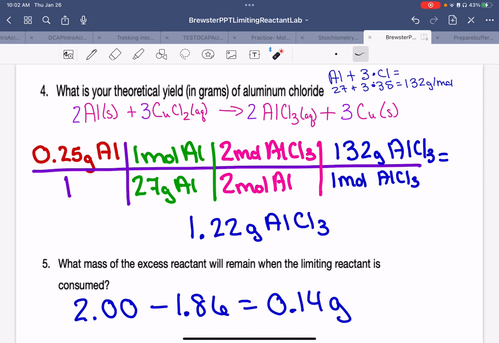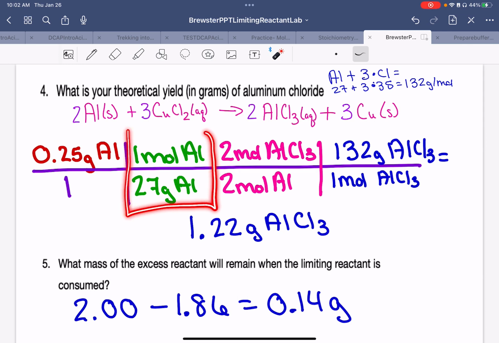Question number 4. What is your theoretical yield of aluminum chloride? So if you had more time, what you would do is you would actually evaporate out the liquid of your solution at the end, and we would weigh your solid substance that would recrystallize at the bottom. So we take our 0.25 aluminum, because it is our limiting reagent based on my calculations.